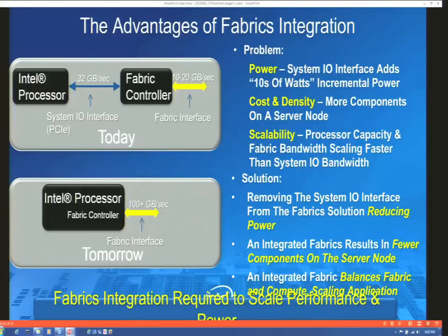If we do that, we can decrease the I/O interface power by tens of watts, which is a major cost advantage when you multiply that by 100,000 sockets. That's tens of megawatts now. It also significantly reduces the cost and improves the density.